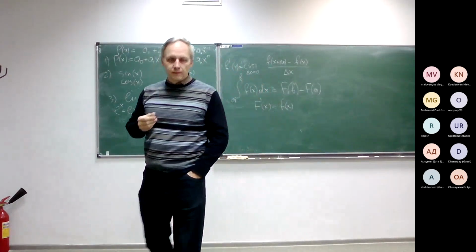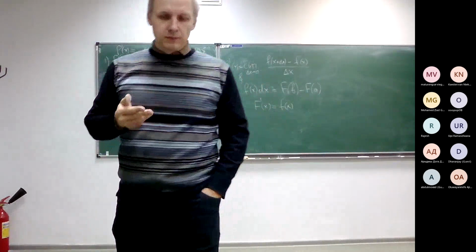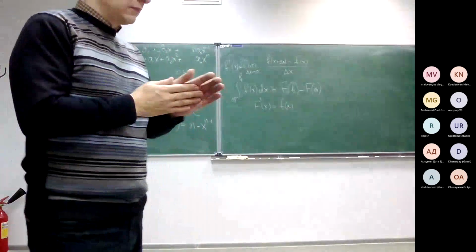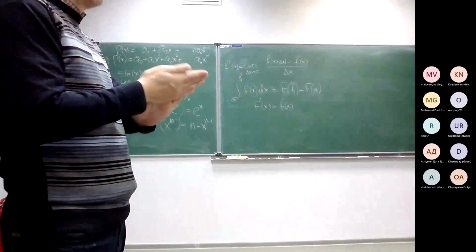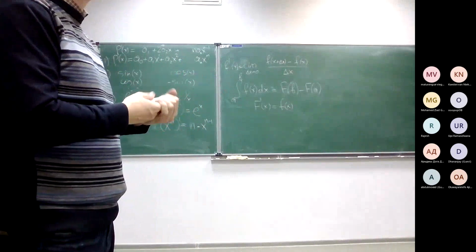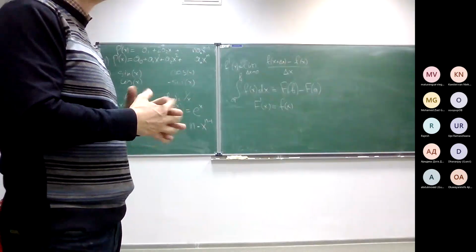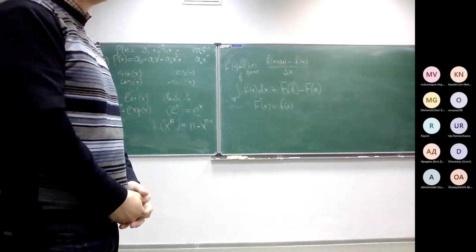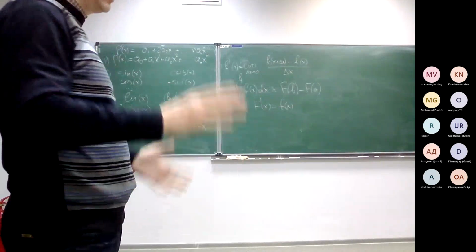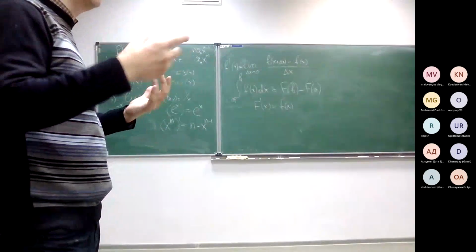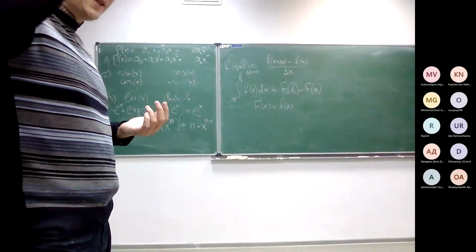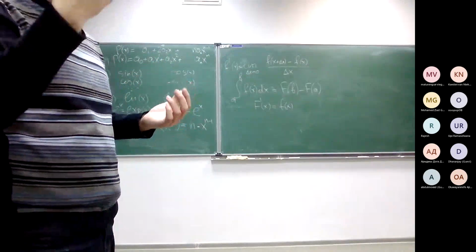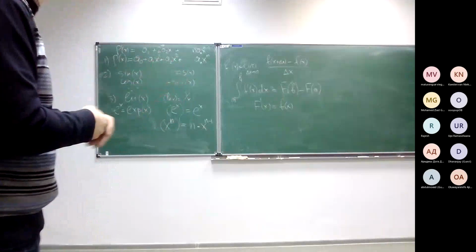May I say that the integral from a to b is the summation of the product f of x times dx on the interval ab? Yes, we can also say that when delta x tends to 0, it's a limit. Exactly, it's a limit.